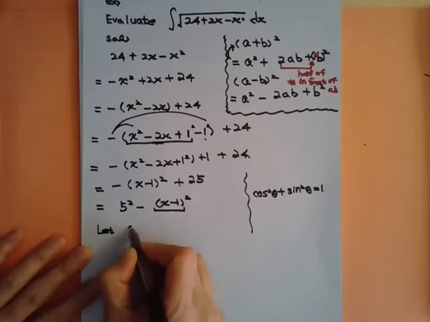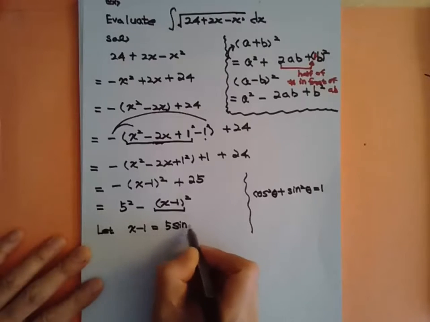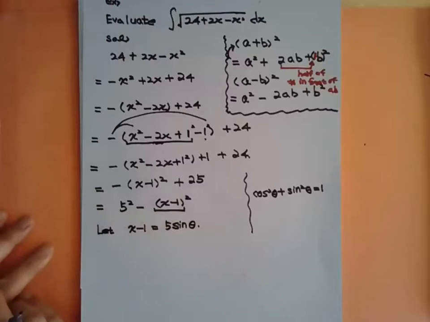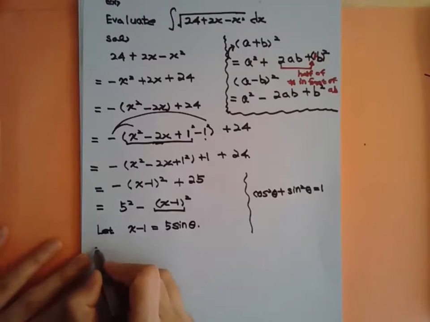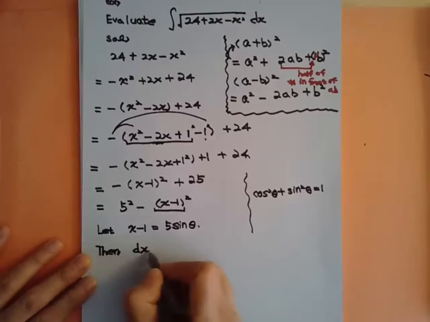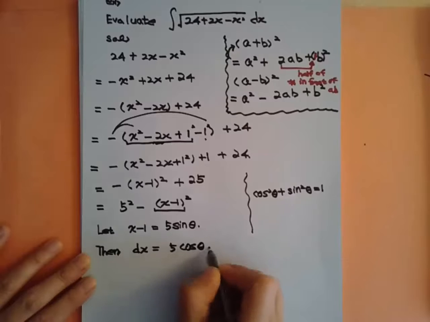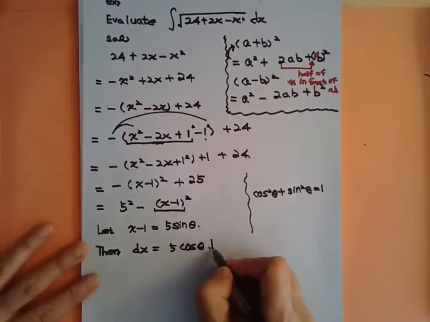So let x minus 1 equals 5 sine of theta. And then dx is 5 cosine of theta d theta.